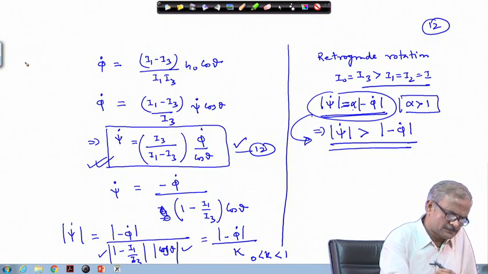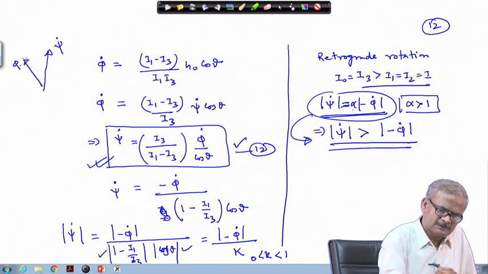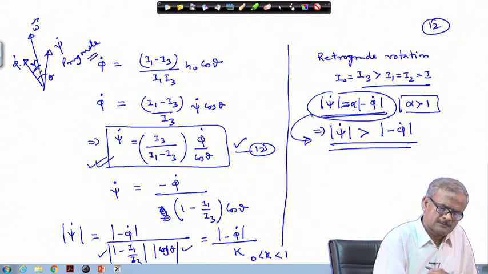For this, utilize this figure, this phi dot, and here in this direction this is your psi dot. For prograde rotation, this is your omega, this is the situation here. This angle is gamma and this angle is theta, this is for prograde. Okay.